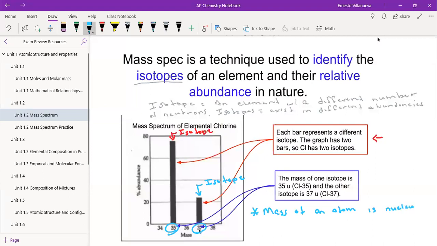So just remember that: nucleus, more neutrons will change mass.